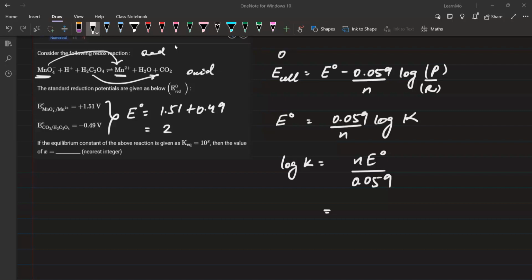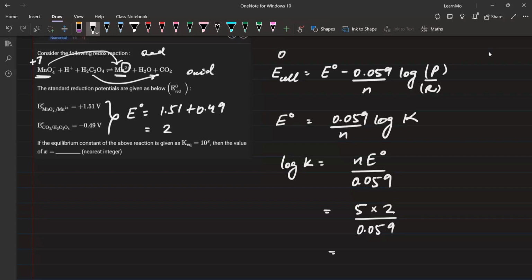See, here you have to see the change in oxidation state. Mn is in +7 oxidation state and it is going to +2 oxidation state, right? So there will be 5 electrons. Yes. So 5 multiplied by E naught, that is 2, divided by 0.059.